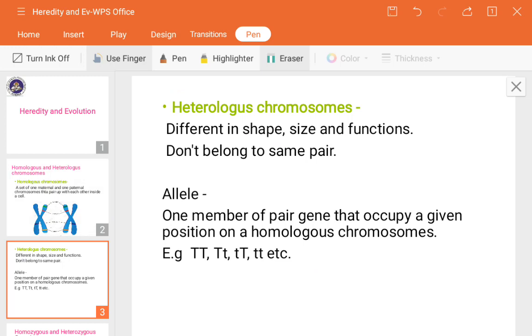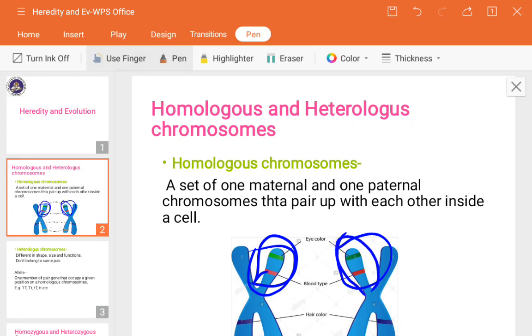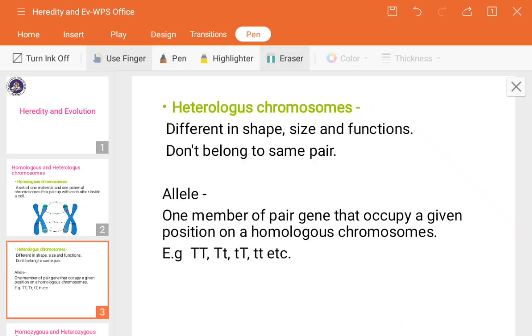So see, allele means these traits which are present on the corresponding positions of both maternal and paternal homologous chromosomes. This is nothing but the allele, one member of a pair of genes that occupy a position. Occupying a position means this is the position where they are located, mostly on the homologous chromosome. That is the allele.